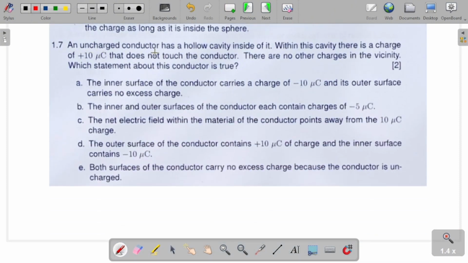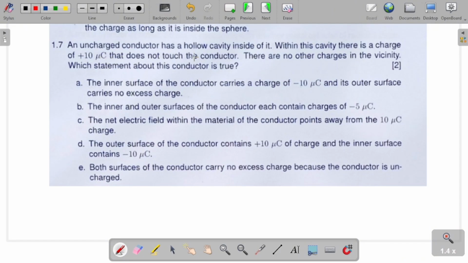1.7. An uncharged conductor has a hollow cavity inside of it. Within this cavity, there is a charge of 10 microcoulomb that does not touch the conductor. There are no other charges in the vicinity. Which statement about this conductor is true? I got lost along the question, guys.